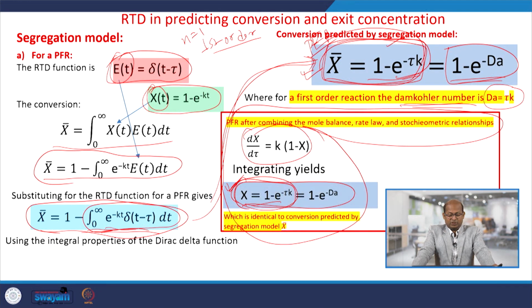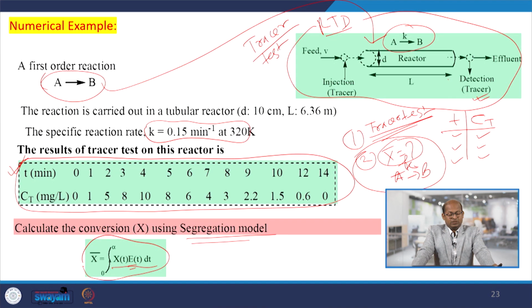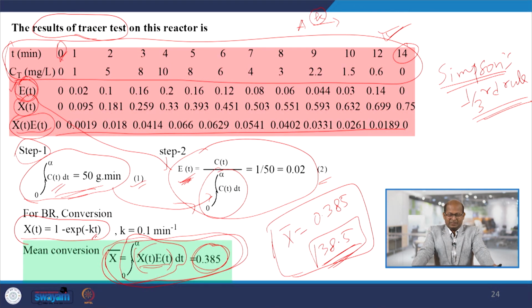Then we took a numerical example, where data are given, and implemented the segregation model to find the average conversion for that reactor. If we consider a first order reaction and know the reaction rate constant, we can easily find the average conversion with the help of the tracer test. Thank you. Today is up to this. Thank you.